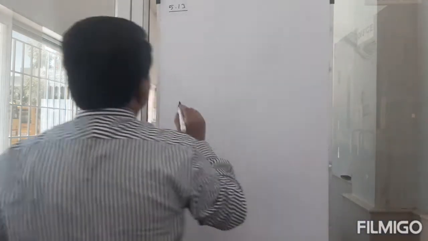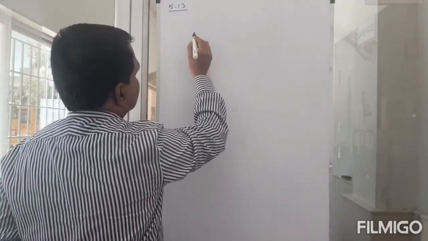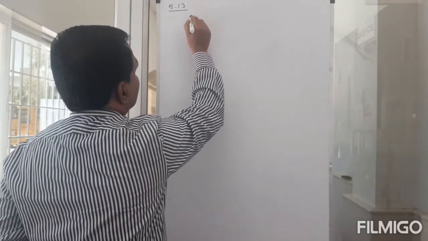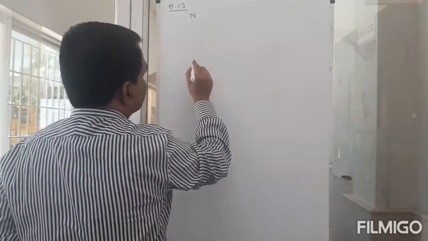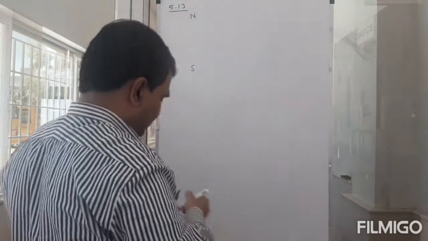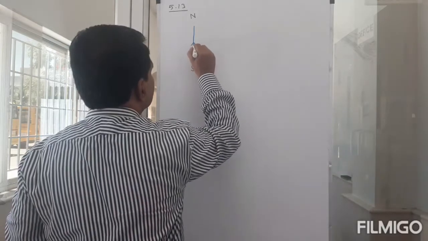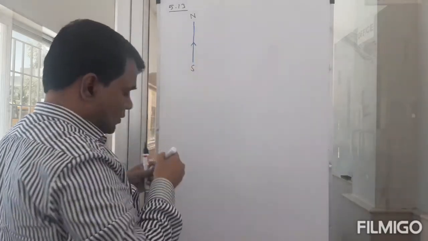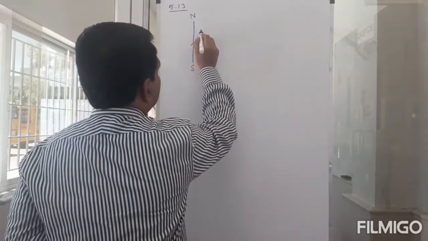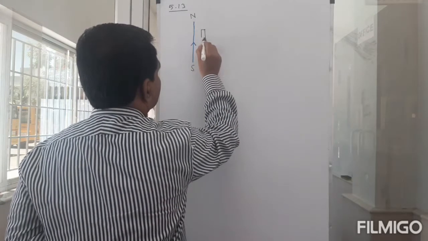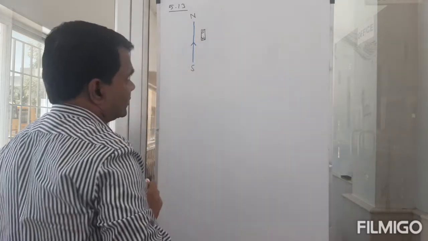Okay, let's see. Let me take the north-south direction. First, this is my north and this is my south. So the earth magnetic field will be in this direction. My magnetic field must be in the opposite direction, which means that I keep the bar magnet not aligned with north, but hold north like this and south like this.